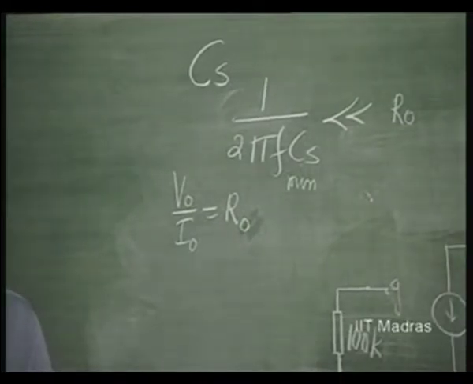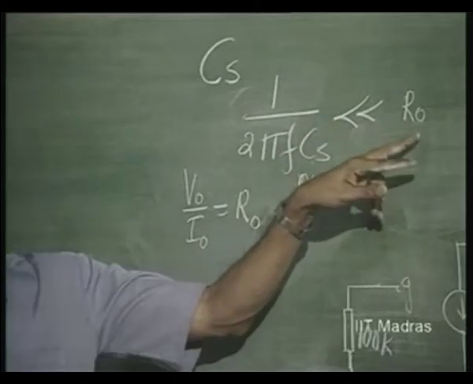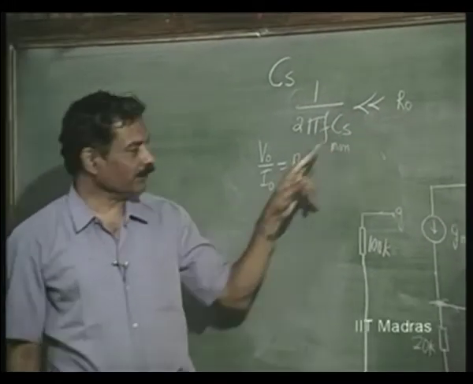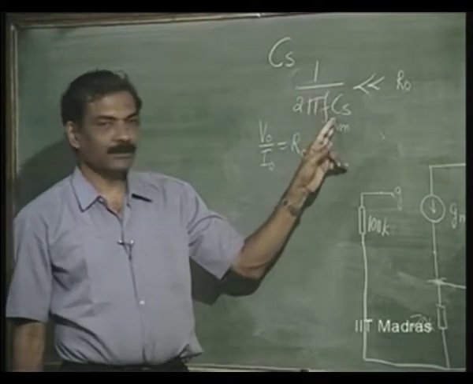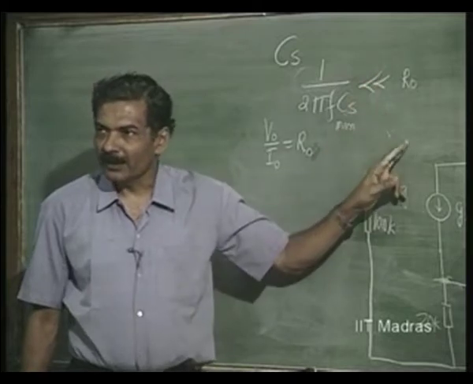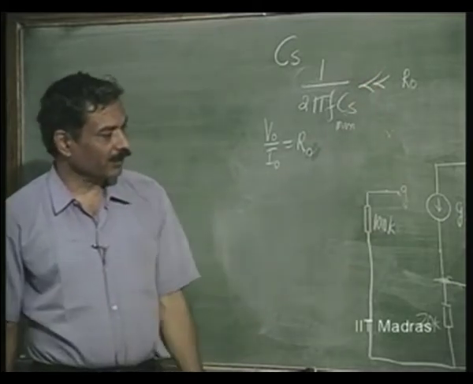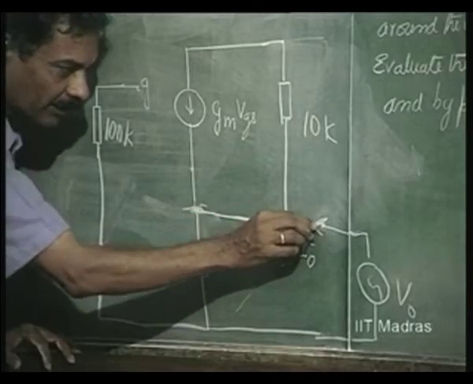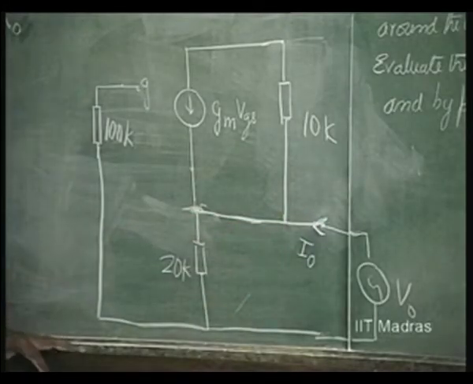But if you want this f minimum frequency to act as the lower cutoff frequency, then you will equate this to R naught. Otherwise you will make this reactance 1/10 of R naught. Now, let us find out how we can determine R naught. Once again, this is an important aspect of design.